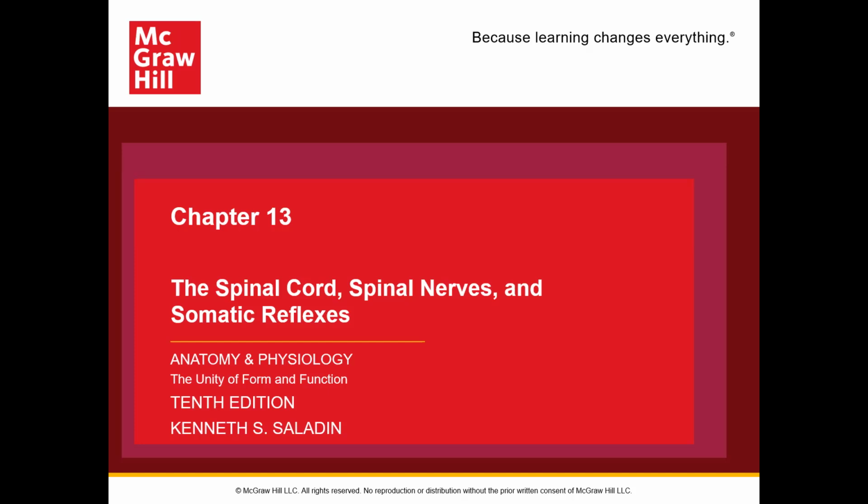The central nervous system is divided into the brain and the spinal cord. And the peripheral nervous system is comprised of all the nerves.